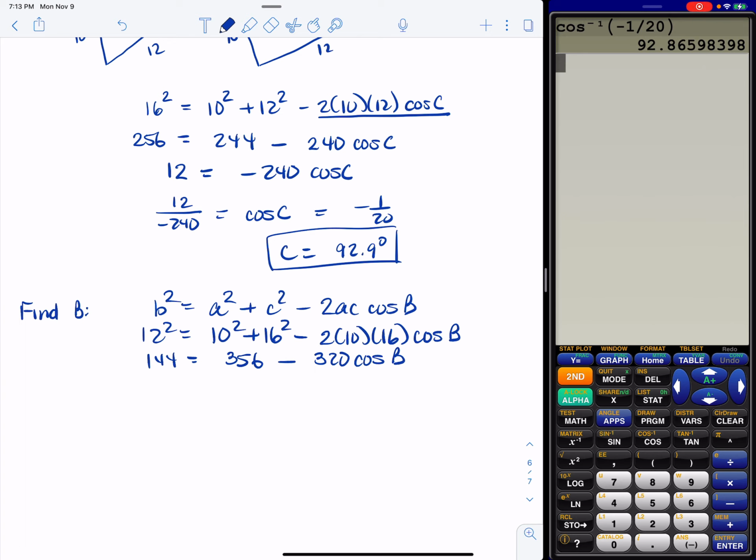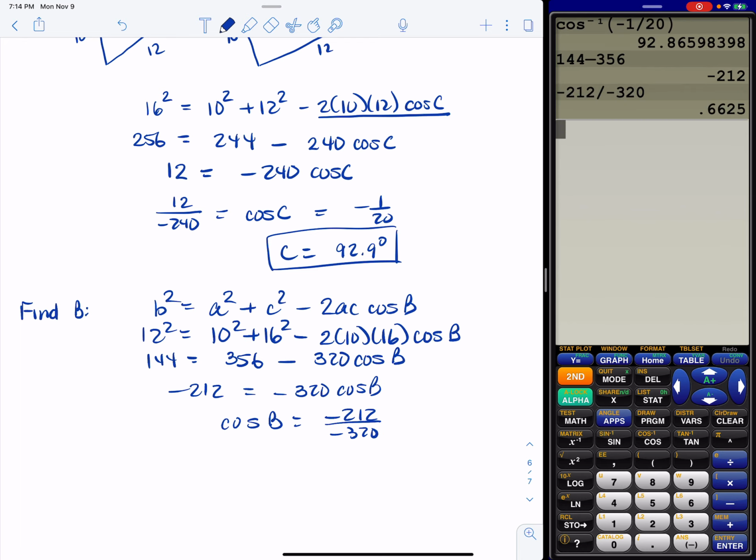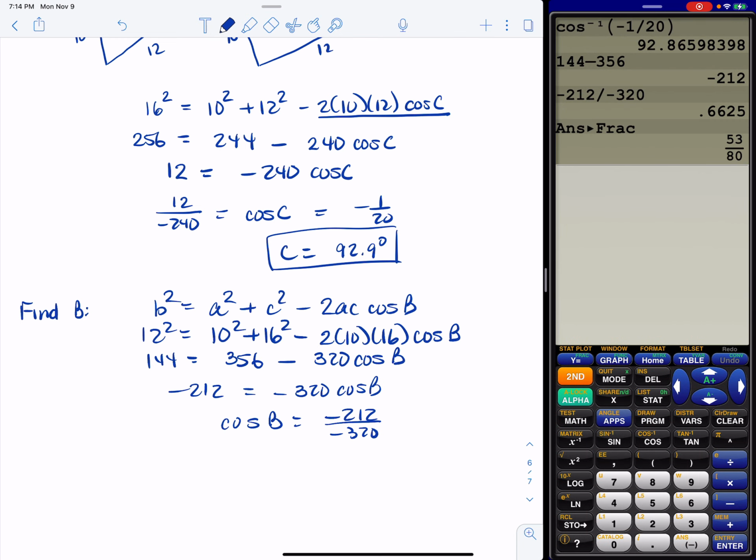Bring the 356 over. I'm not sure what that is, so I'm just going to make sure I know. Negative 212 equals negative 320 cosine of b. And that means cosine of b is negative 212 over negative 320. And just because I want it to be spiffy looking, negative 212 over negative 320 as a fraction would be 53 over 80.